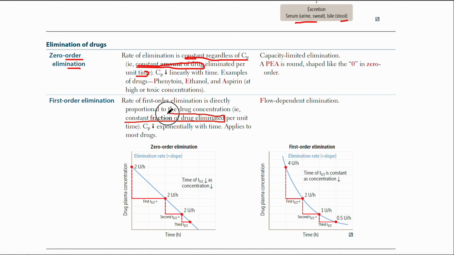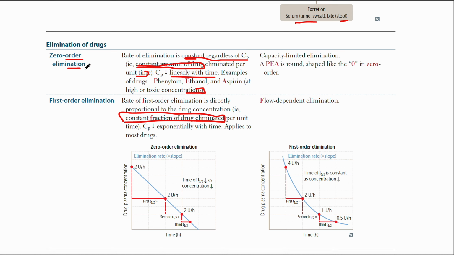You have to remember this. So plasma concentration is decreasing linearly with time. Examples of drugs are phenytoin, ethanol, and aspirin at high or toxic concentrations. Aspirin follows zero order kinetics only in high or toxic concentrations, right?